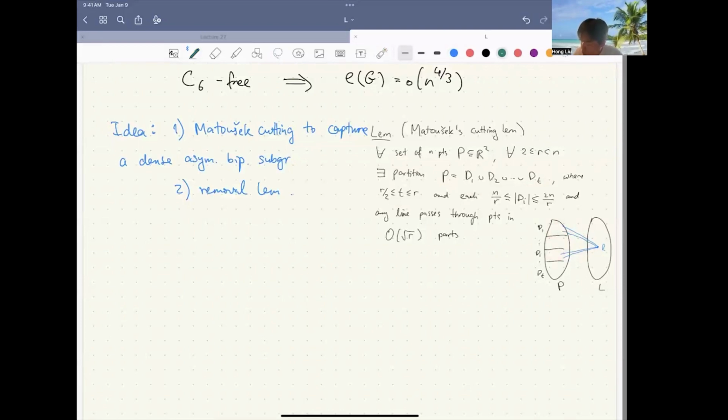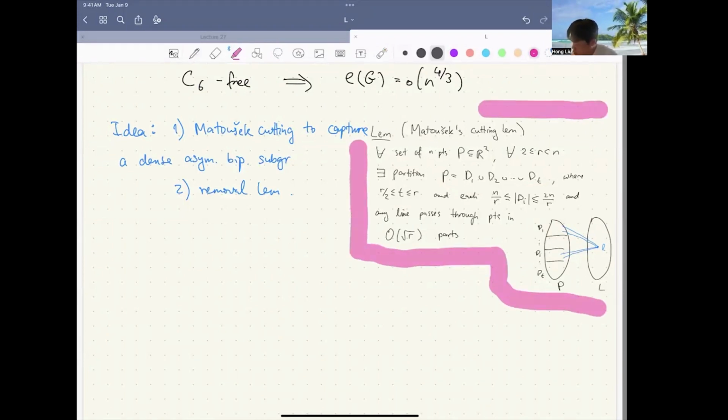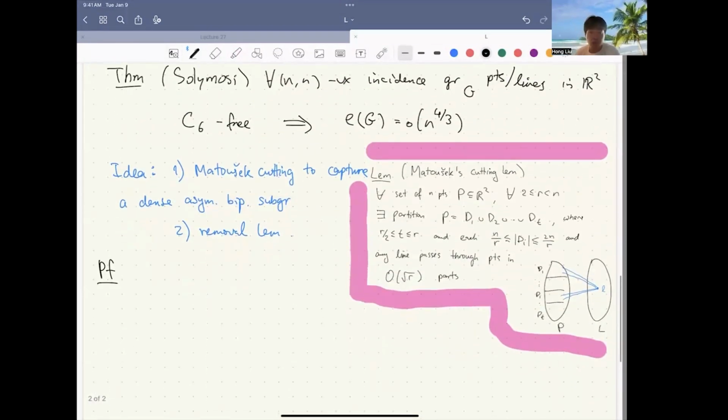Okay, basically, maybe we should just directly write the proof. So here's the cutting lemma. Let's see the proof. Suppose this is not true. We're going to derive a contradiction. Suppose we have an incidence graph of n points and n lines in the plane, and the number of edges of it is of order of magnitude n to the 4/3.